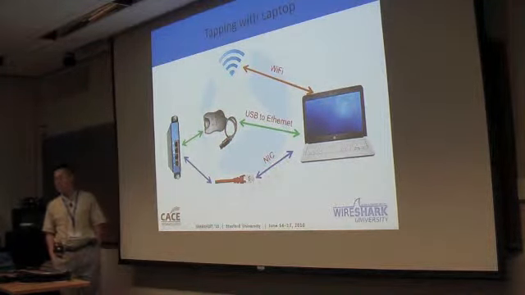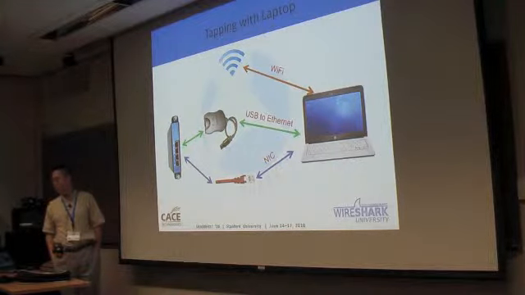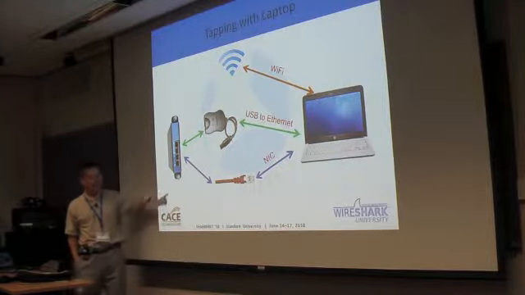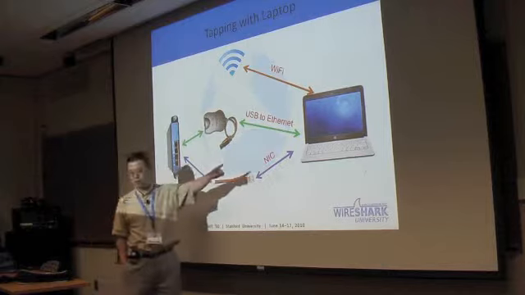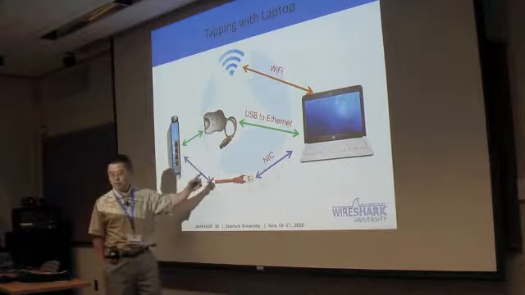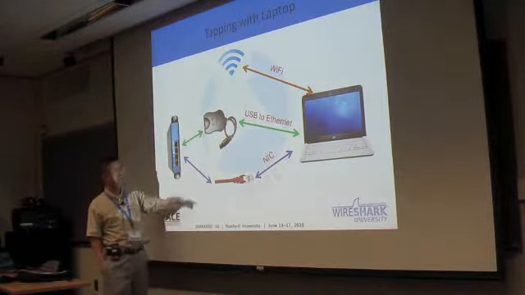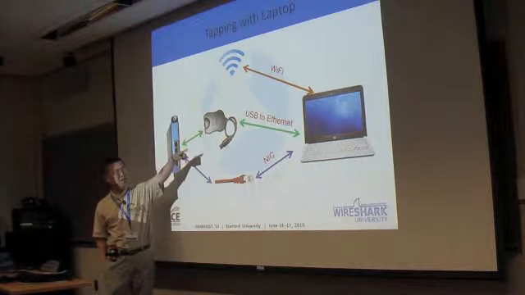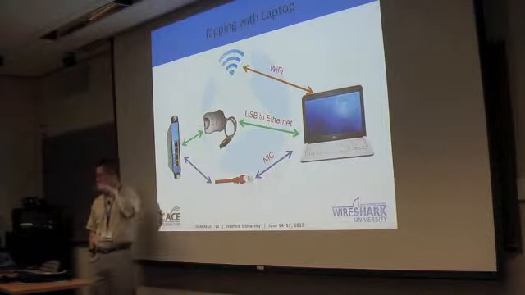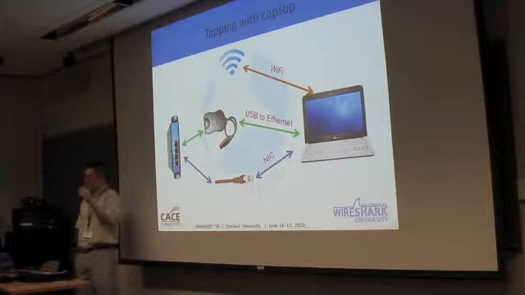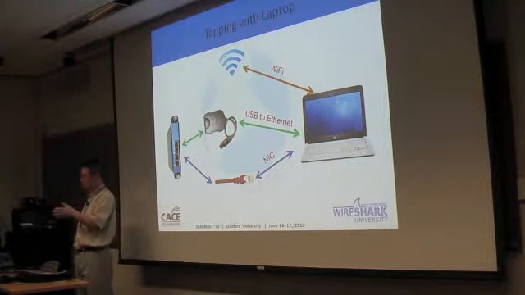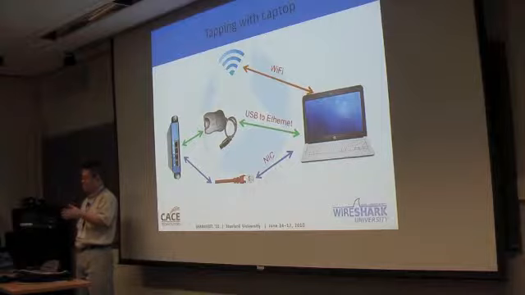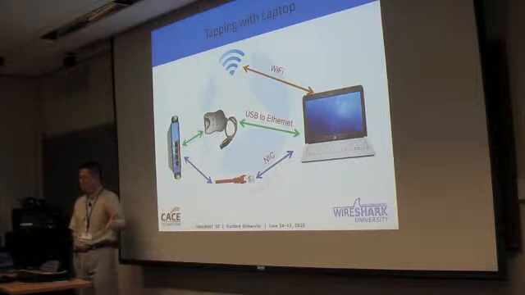This is a workaround I can come up with. I can use the NIC card on the laptop as one network port, and then I can use a USB to Ethernet adapter. Then you convert one of the USB ports on your laptop into an Ethernet port. Then you get the second port.